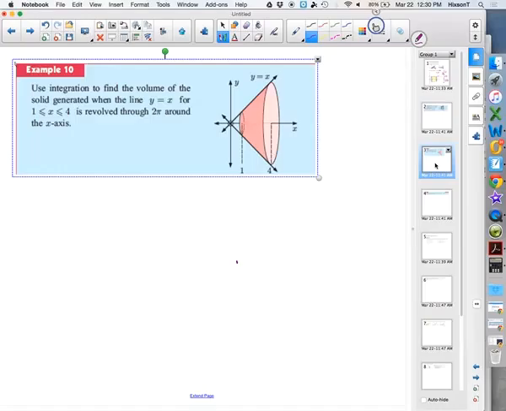So using our formula, if we want to find the volume of this part of a cone, this is a cone, but it's got the top cut off, so it doesn't go all the way to a point. So, I'll think: what integral are we going to use?